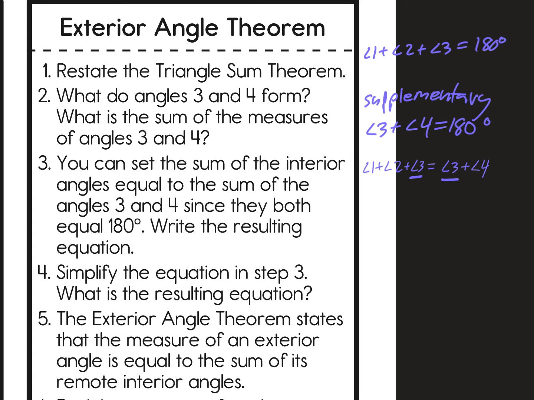That means we can subtract angle 3 from both sides, and we are left with angle 1 plus angle 2 equals angle 4. This means that the measure of any exterior angle will be equal to the sum of the interior angles that are not adjacent to it, or the remote interior angles.